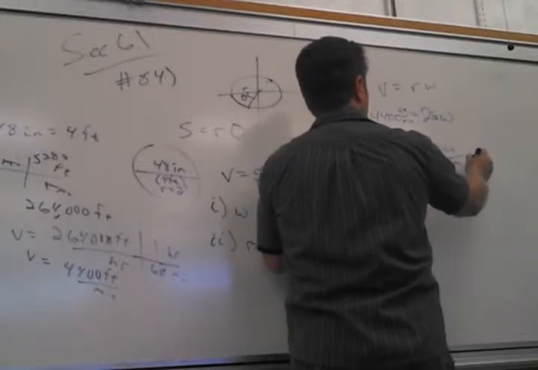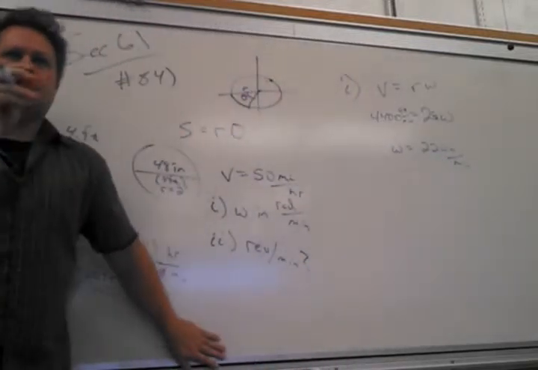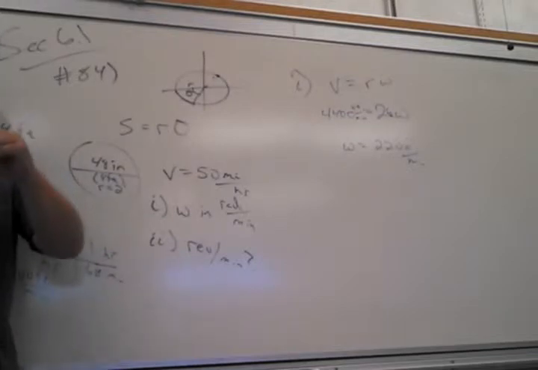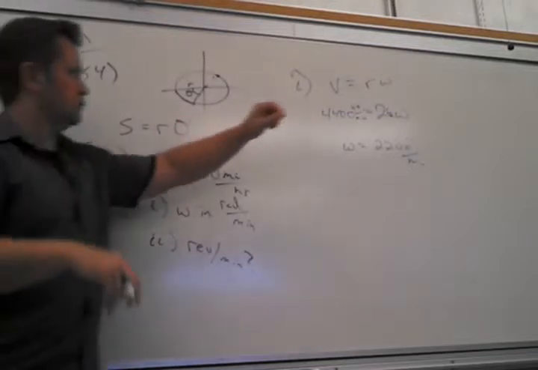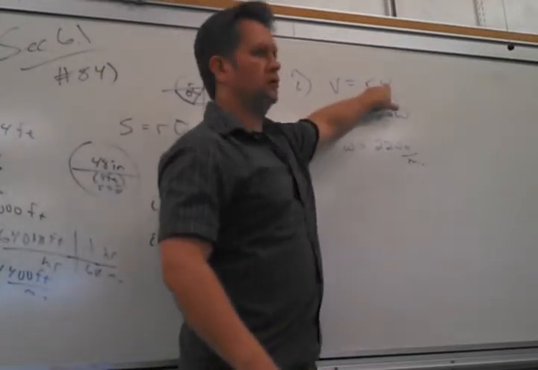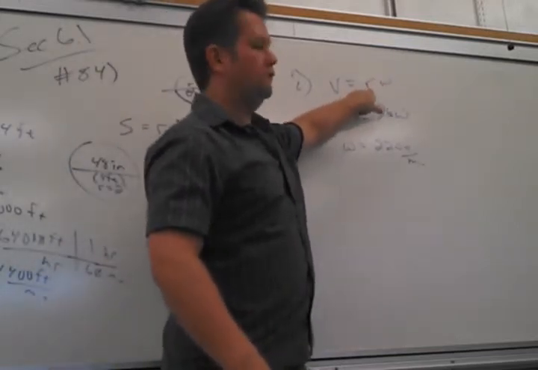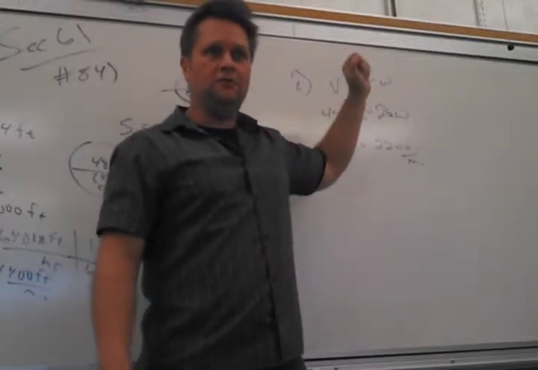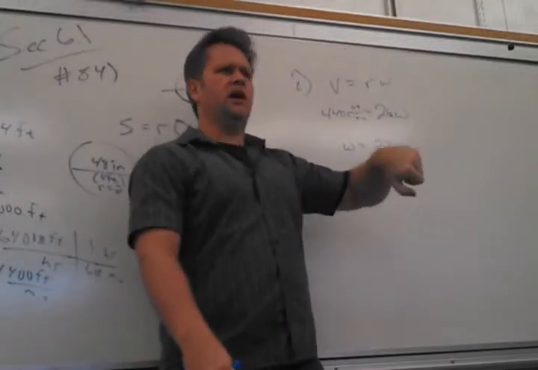And I said this yesterday, but it's a really easy thing to not realize. Radians kind of get out of the way of what's happening. Because this is like radians per second times feet, and the answer is not foot-radians per second, right? I'm not going 80 foot-miles per hour.